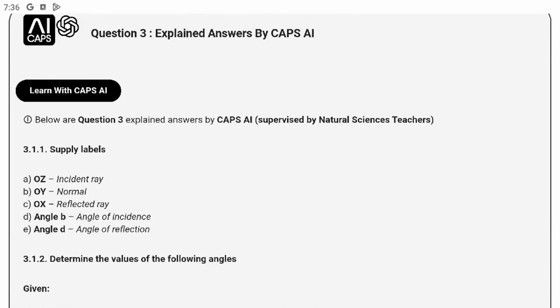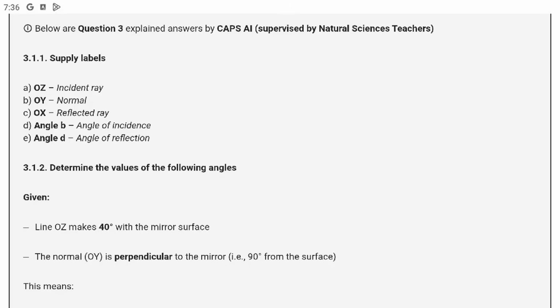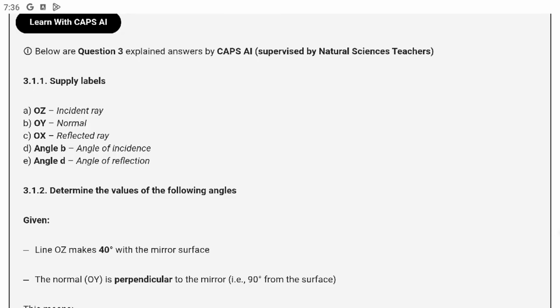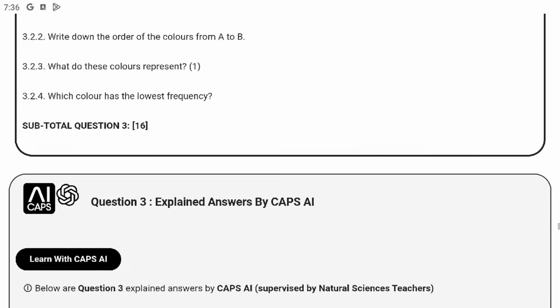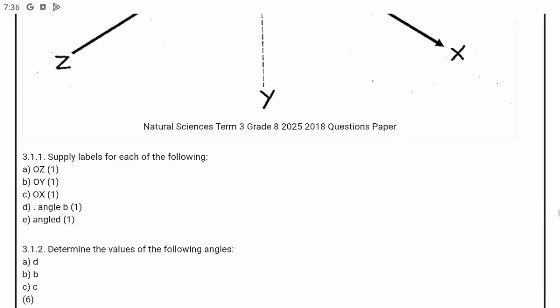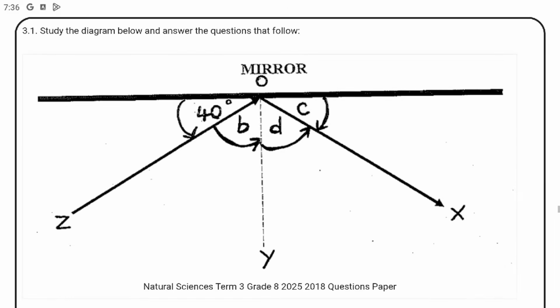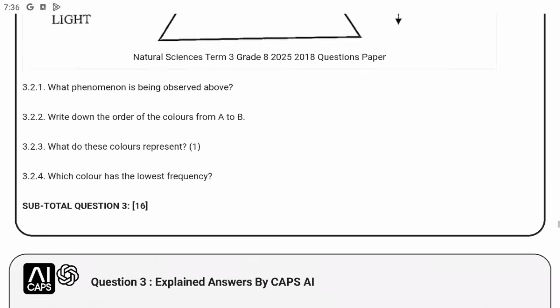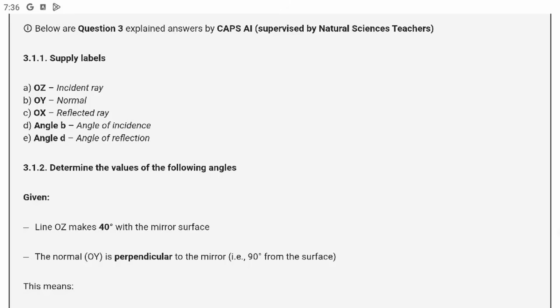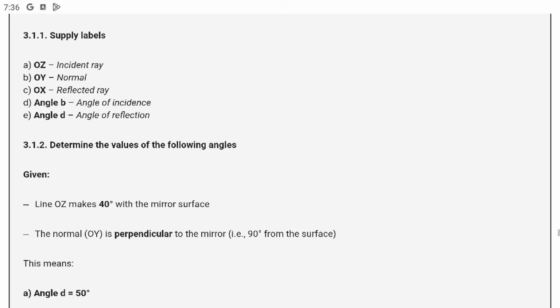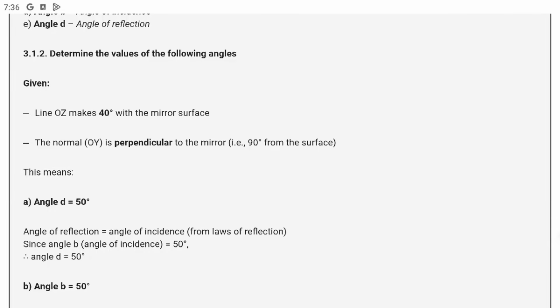All right, so determine the value of the following angles. We were given angle B, right? We're already given 40 degrees from OZ. Now we are supposed to find B, D, and C. So line OZ makes 40 degrees with the mirror surface.